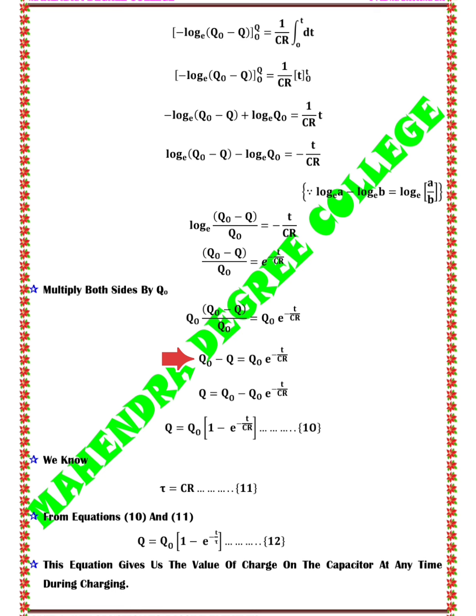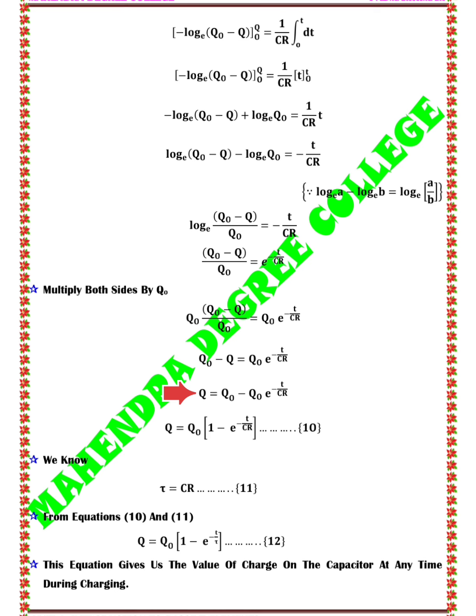We get Q naught minus Q equals Q naught into e power minus t by CR. Now you have an expression for how much charge is still missing from the capacitor.